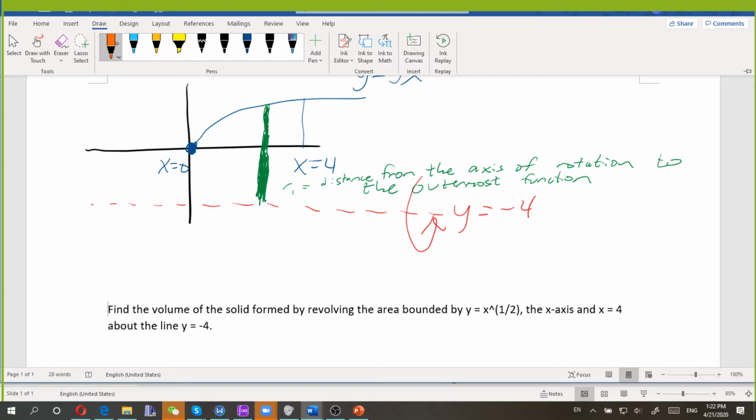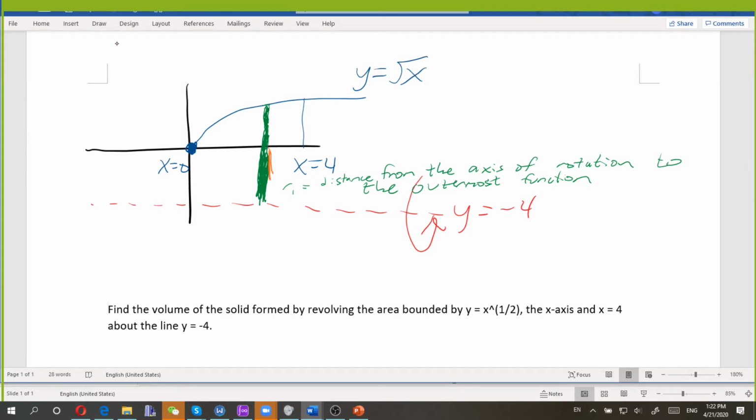In orange, I'm also going to cut out a smaller radius here, which I'm going to call R2. R2 is the distance from the axis of rotation at y equals -4 in our case, to the innermost function.